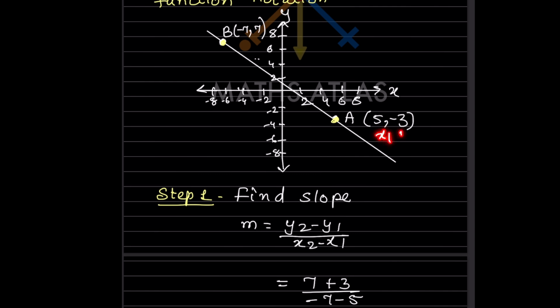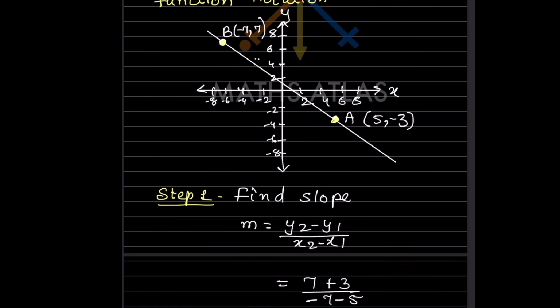You can take this as x1, y1 and this as x2, y2, or you can take this as x1, y1 and that as x2, y2. So now if we take it here, the formula is y2 minus y1. So y2 minus y1, minus and minus becomes plus. So this is going to be 7 plus 3.